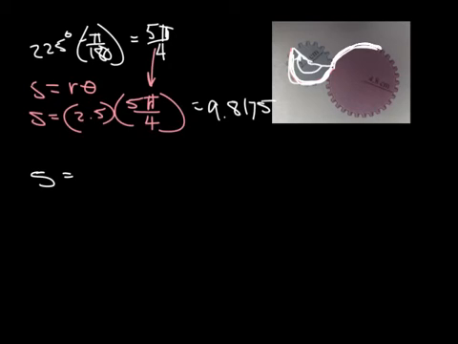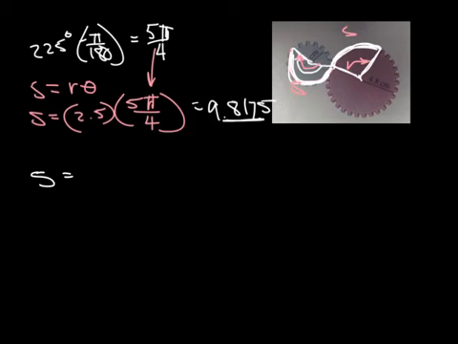So the length is going to be 9.8175 for both of these gears. But that's not what they asked us. They want to know how much this angle is from here to here. If this S here is 9.8175 and this S is 9.8175 and this angle is 225, what is this angle right there? And that's what we're going to look at.